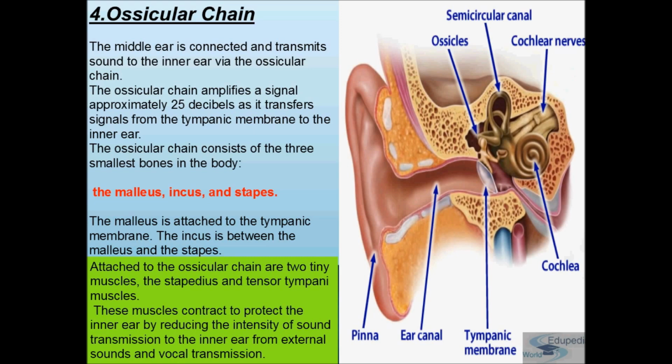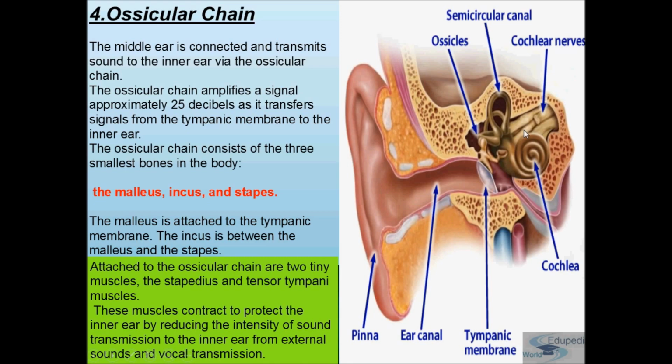These three bones amplify a signal approximately 25 decibels. Decibel is a unit of sound. So it amplifies a signal approximately 25 decibels as it transfers the signal from the tympanic membrane to the inner ear. That means from here to the inner ear.